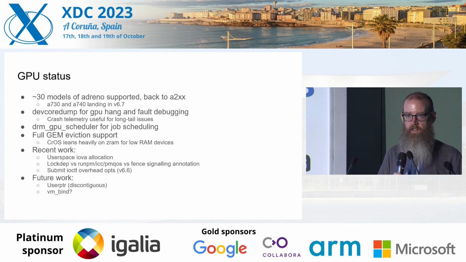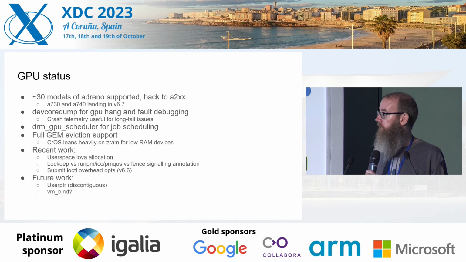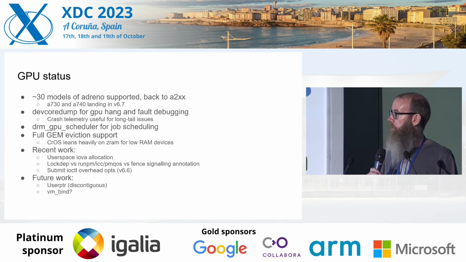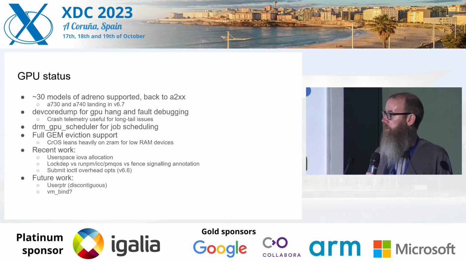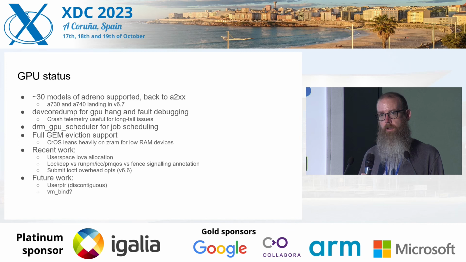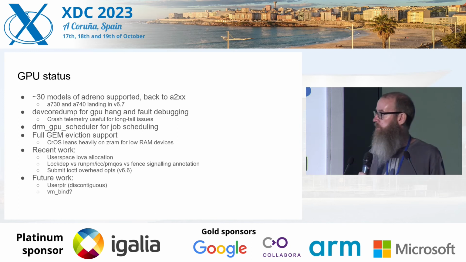That's something that's difficult to reproduce in person, but getting some information about the crashes has been pretty useful. We're using the DRM GPU scheduler these days for job scheduling, and at least until Dimitri's shmem eviction patches land, we're the only ARM driver that supports full GEM eviction.